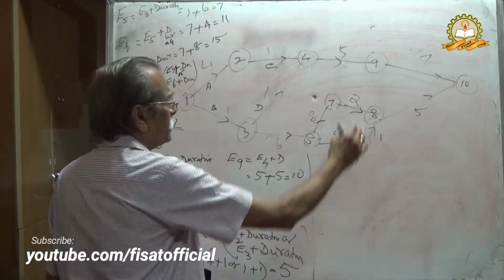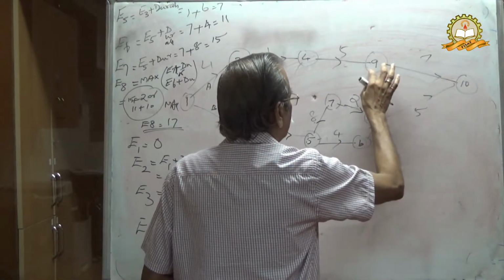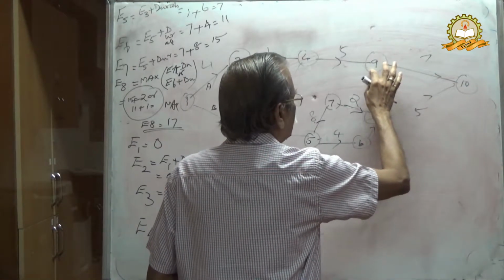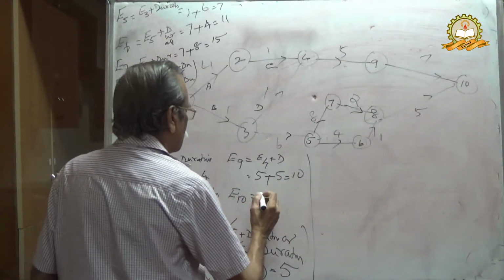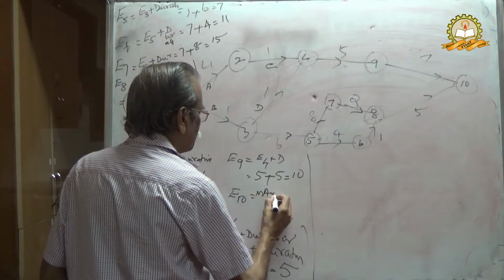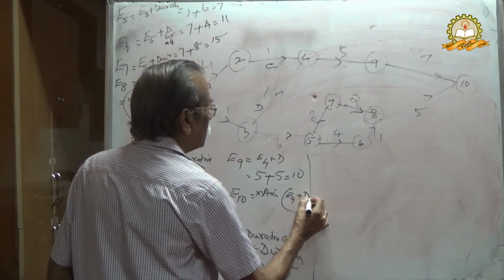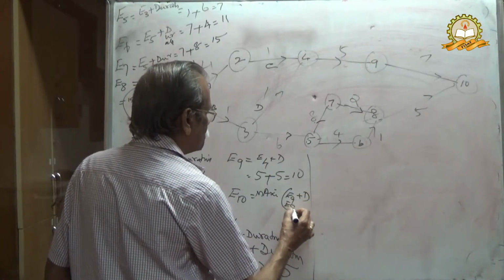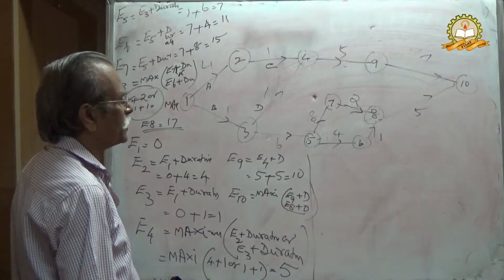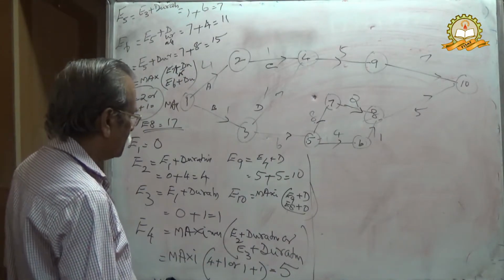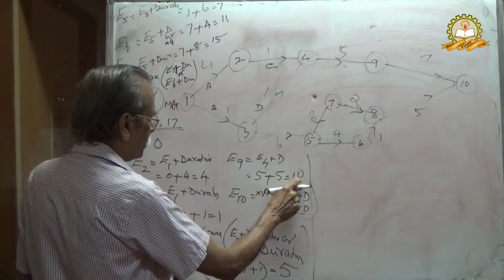Then E10, the last number. Again you can see, E10 is a concurrency: E9 plus duration, or E8 plus duration, the maximum of the two. 10 is reached either from 9 or from 8, and here E9 is equal to 10.